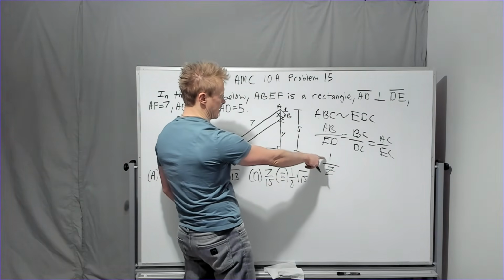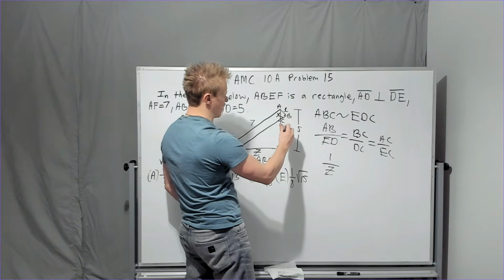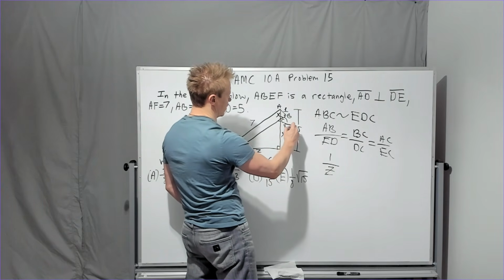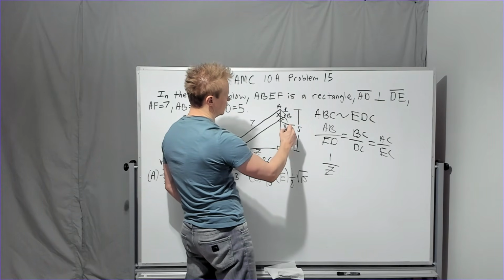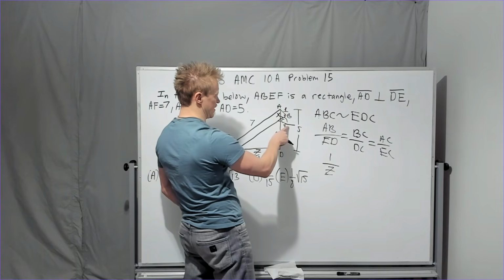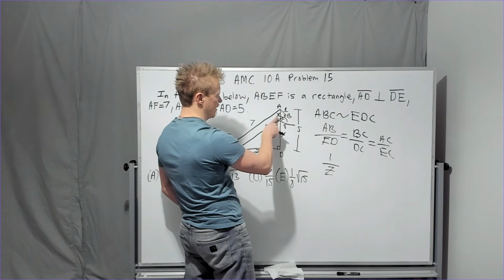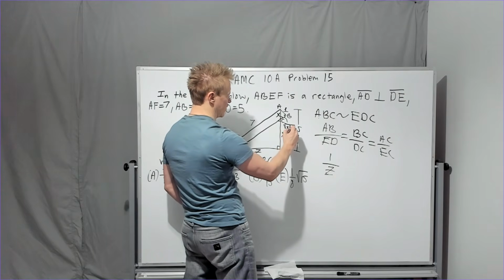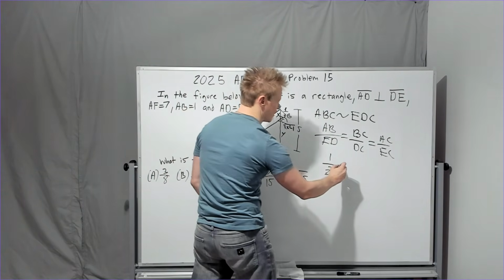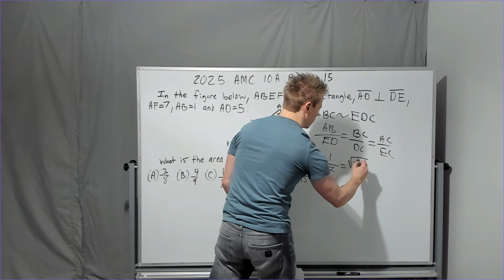And if that's z, 1 over z, BC is now going to be what? The square root of, it's 1 plus this squared equals that. So if I have x squared minus 1, that would be what goes in there. So BC is the square root of x squared minus 1.